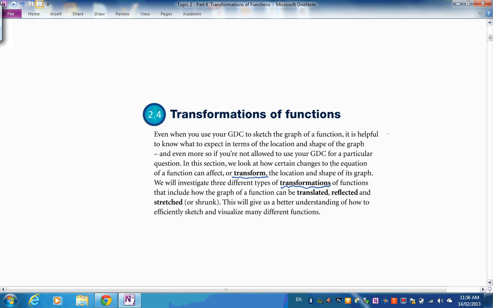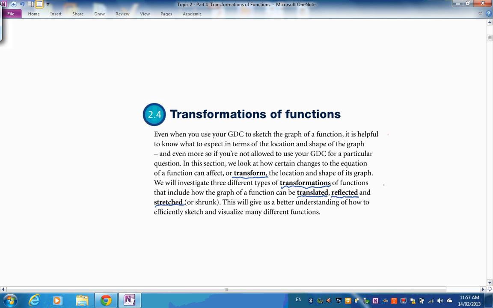And the ones we're going to be looking at in this little part of the course here are translations, where we move all points on the plane a certain distance in the x and y, or reflection, where we might use a line on the plane like the x or y axis as a mirror and reflect it across, or stretching. So they're the ones we're going to be looking at.